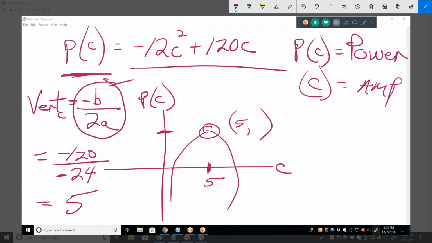How can we get the P of C value? We've got the C value. How do we get P of C?